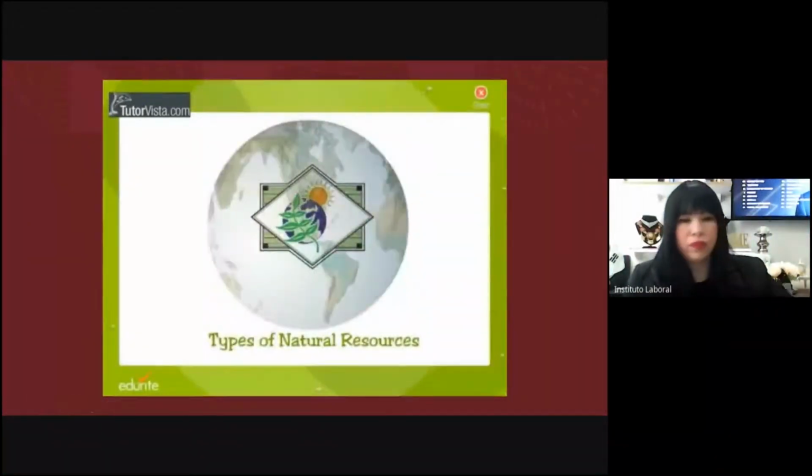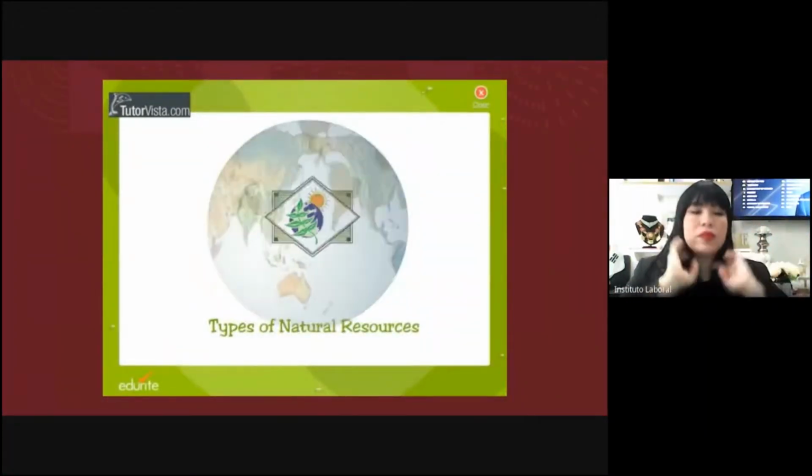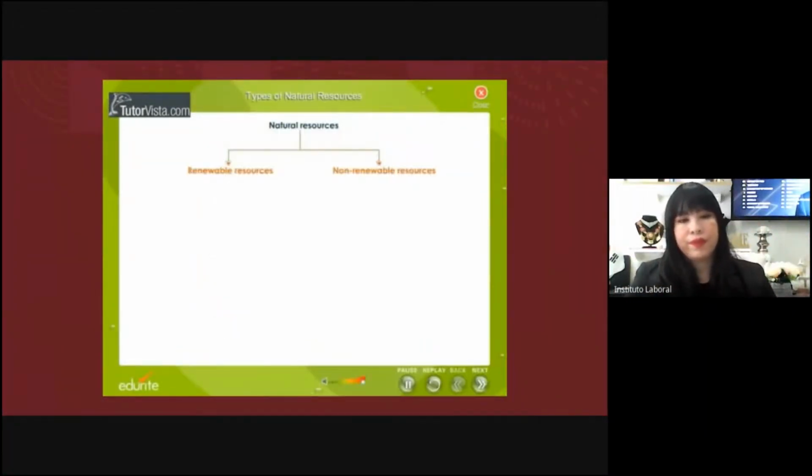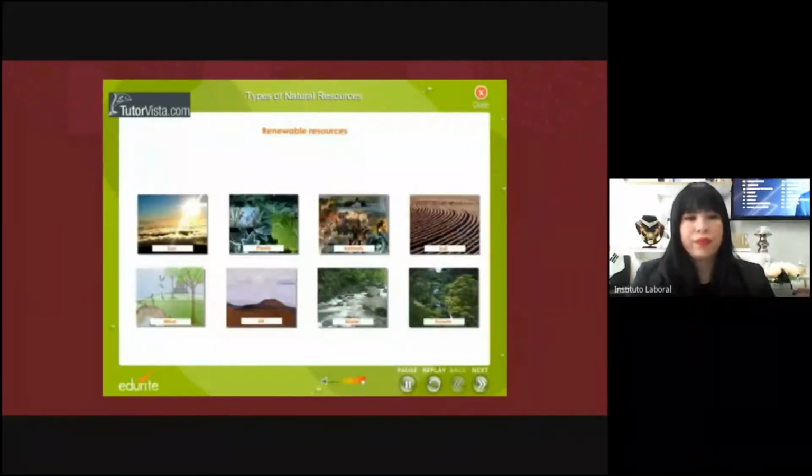Types of natural resources. Natural resources are of two types: renewable sources and non-renewable sources. Renewable resources are those which are regenerated through various natural cycles.